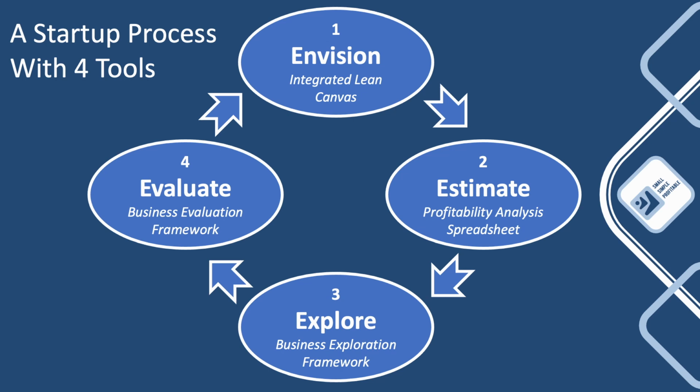In step 3, the explore step, you can decide which aspects of your business you should investigate next by using the business exploration framework. In step 4, the evaluate step, you can decide whether the business is a good idea and whether you want to commit to actually launching it by using the business evaluation framework.